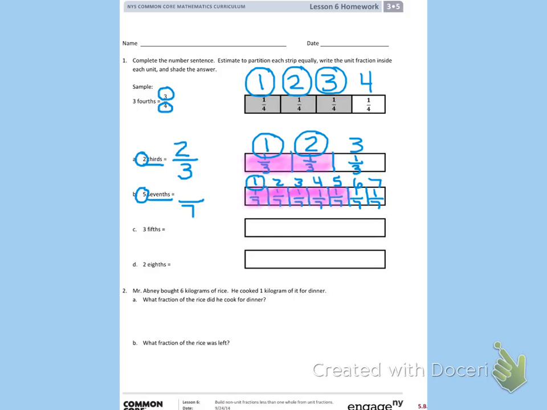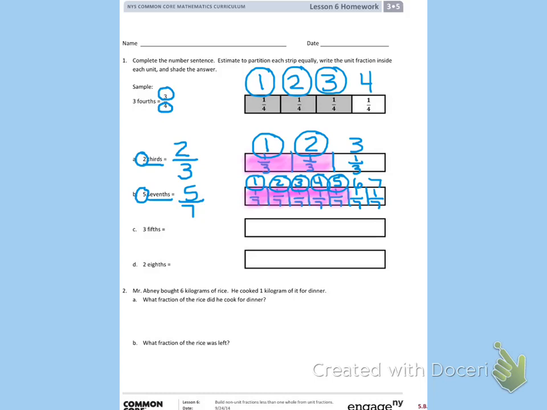There I shaded 1, 2, 3, 4, 5 of the 7 parts, or 5/7. I'm going to let you do items C and D the same way. Make sure you don't skip a step. This way you won't make a silly mistake.